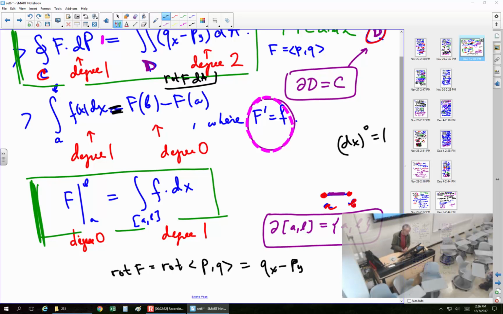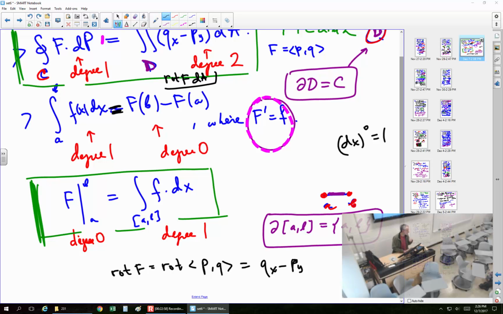It makes sense, but not in a very satisfying way, because the relation between these two integrands is very straightforward. It is the derivative, period. However, if I take the vector field, the rotor of a vector field is not its derivative. Remember we talked about derivatives of vector fields.